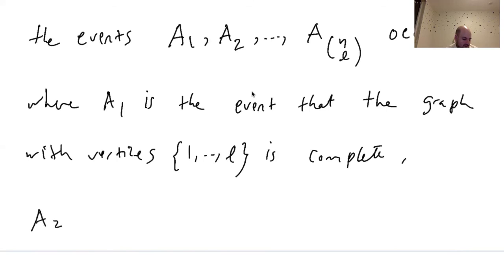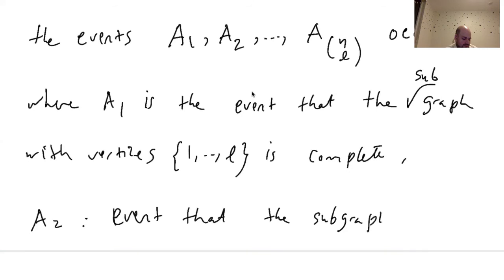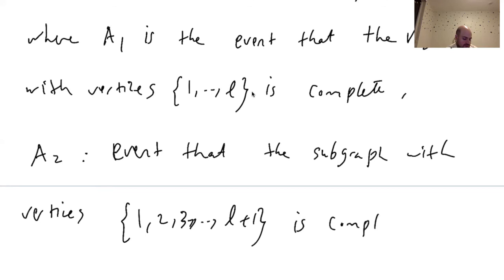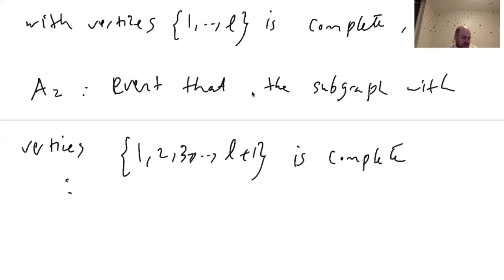A2 is the event that the subgraph with vertices, let's say 1, 2, 3 to L plus 1, is complete, and so on.